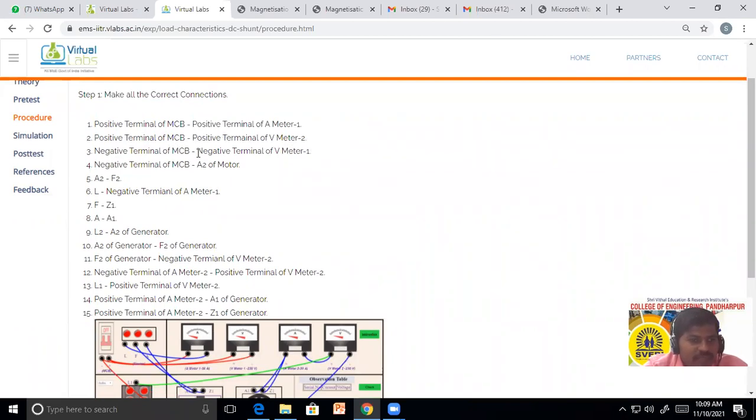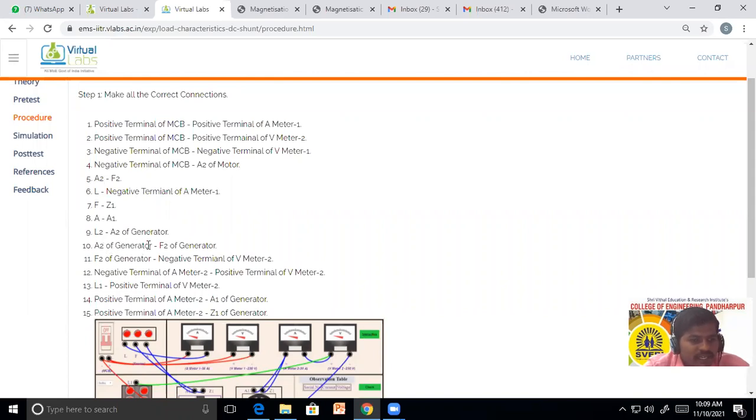The negative terminal of the MCB is connected to the voltmeter 1 terminal. The negative terminal of the MCB is connected to A2 of the motor. A2 and F2 are common. Now L is the negative terminal of ammeter A1. F is connected to Z1, A is A1, and L2 is connected to A2 of the generator.